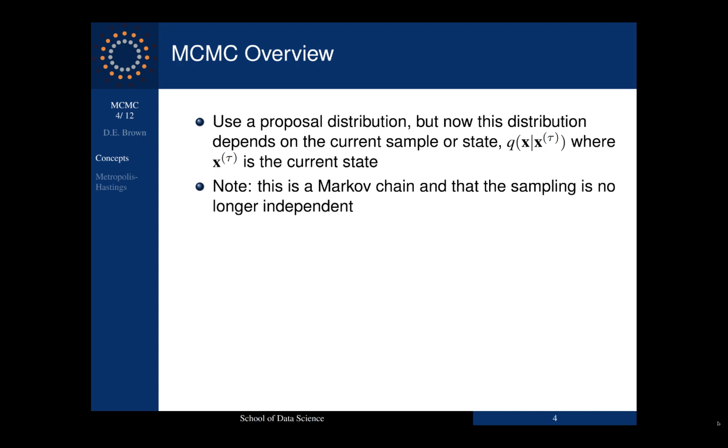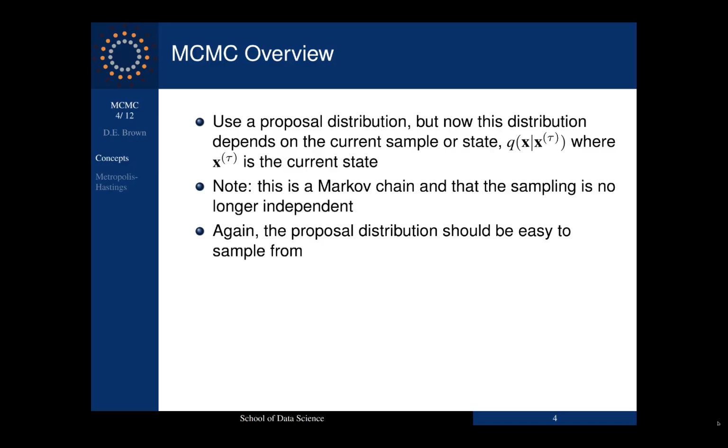This is a Markov chain that we're producing, and the sampling is no longer independent. So we're violating this notion of independent sampling, and we're actually sampling according to a Markov chain, which, as you know from what we've discussed in Markov chain, means that it's dependent on the current state. The next state depends on the current state.